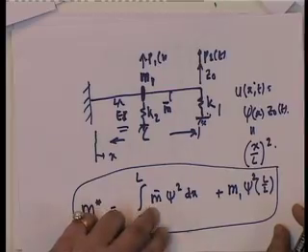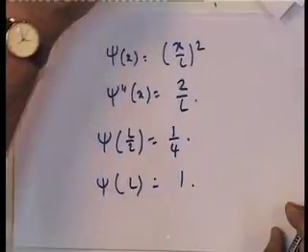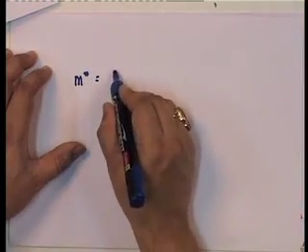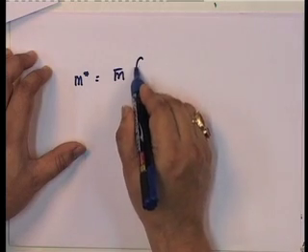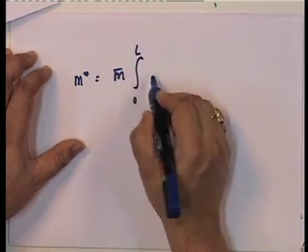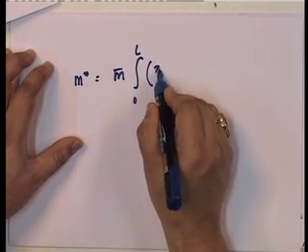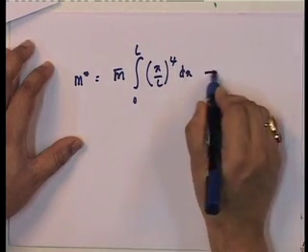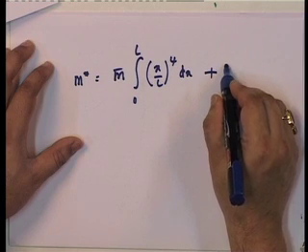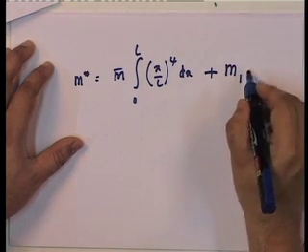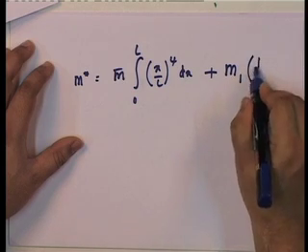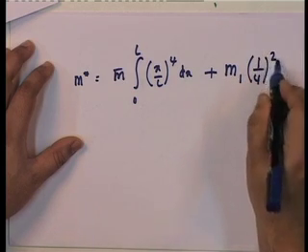Okay, so I've got all the parameters defined over here, and we've already done this for a constant one, what would we get? 0.2 m bar L, right? So m star, if I look at it, then m star turns out to be equal to m bar integral 0 to L of x by L to the 4th dx, plus m1 into xi squared. So that was 1/4, so 1/4 squared.